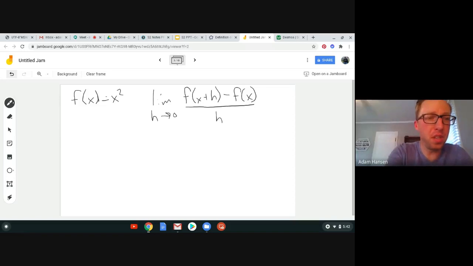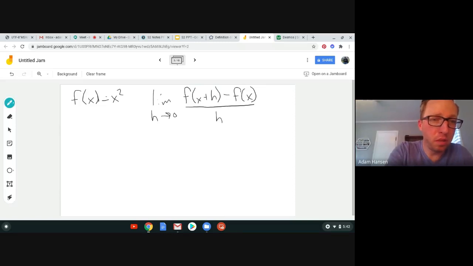All right, so we'll set this up. Our function is f of x equals x squared. So f of x plus h, using function notation, means to substitute x plus h in for x into our function.